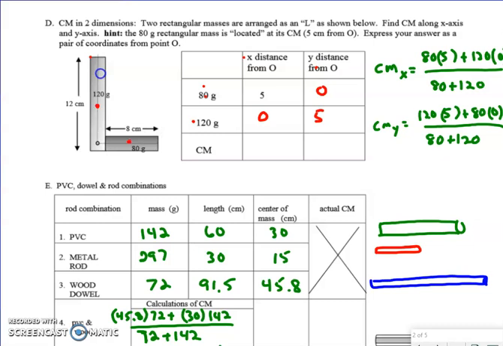Now I can do the center of mass calculations for each direction. For the x direction, I've got 5 times 80 plus 0 times 120, divided by the sum of the masses, and when I work that out I get a center of mass of 2. Then I do the same thing for the y. I've got 0 times 80 plus 5 times 120 as my numerator, divided by the sum of the masses, and I get 3.